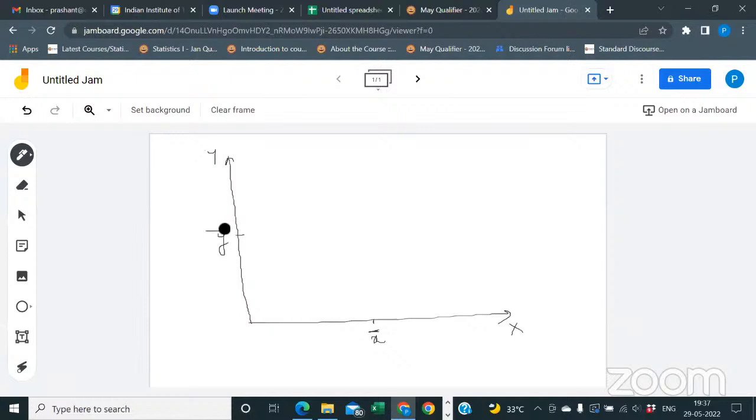See, first, if one variable is increasing, another variable is decreasing. So I'm taking the covariance. Now, suppose these are your four regions, and these are your data points here.